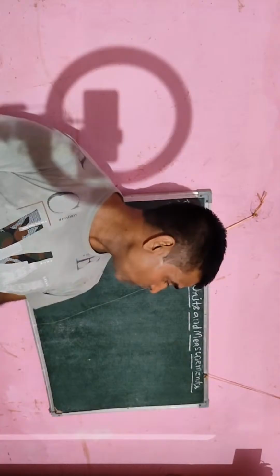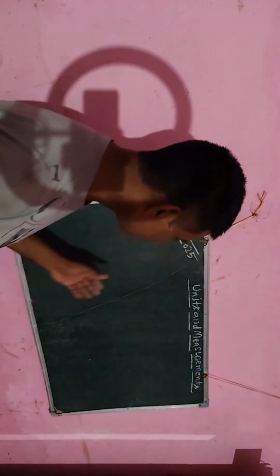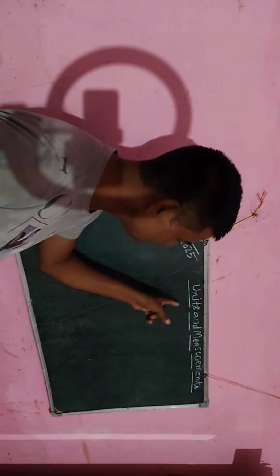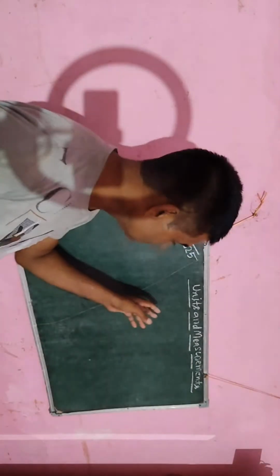So here we have to explain there are only 7 fundamental quantities and all these fundamental quantities we know clearly. After using these fundamental quantities I will make derived quantities. So first of all I have to explain the concept of fundamental quantity which is available in the units and measurements chapter.